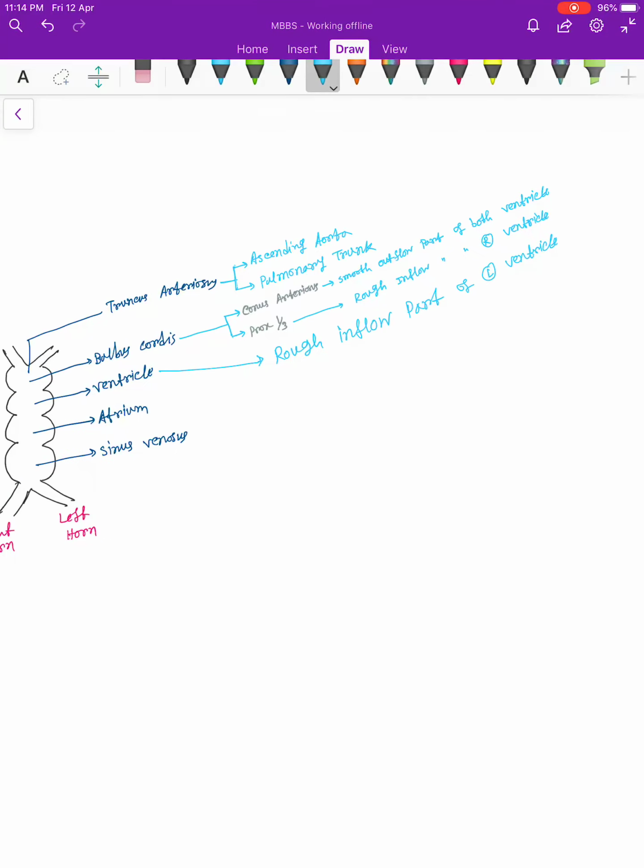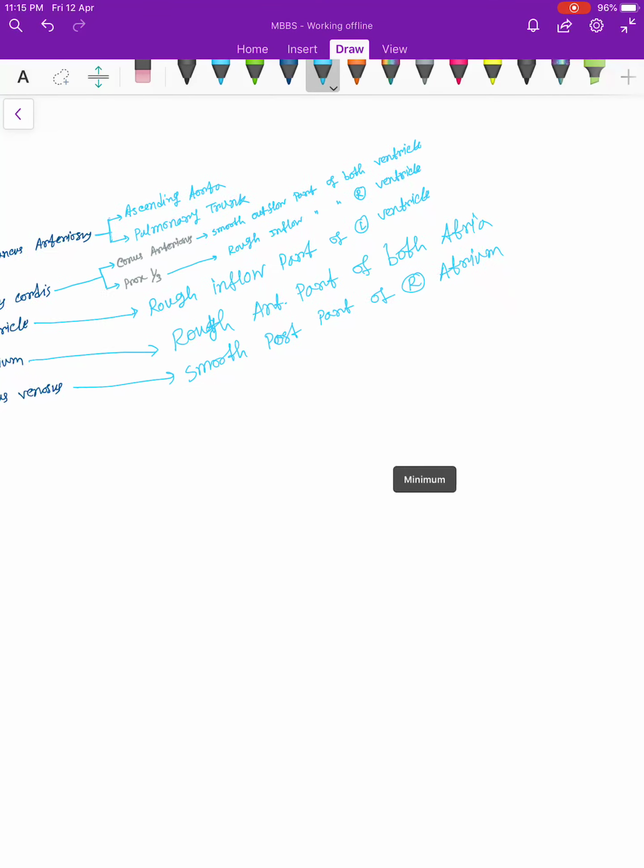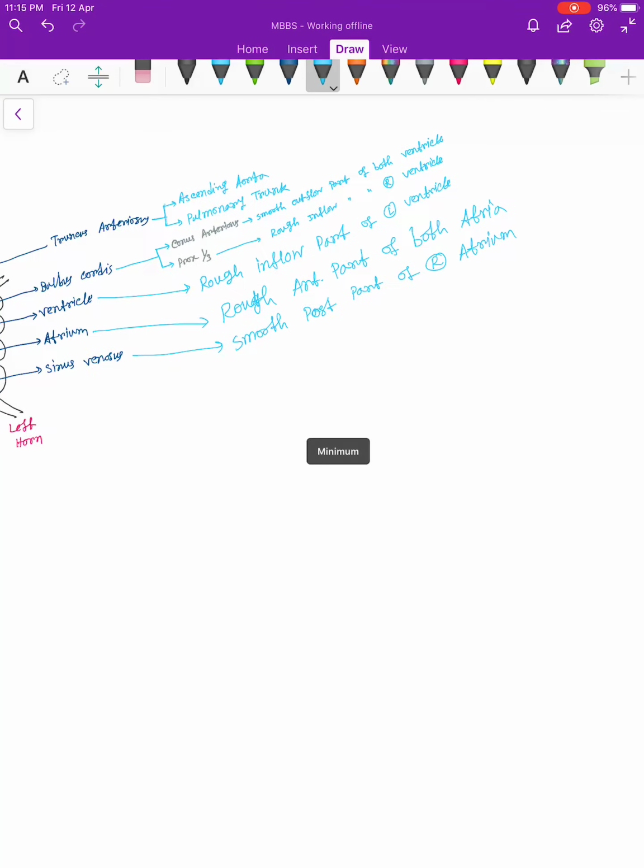Now from atrium, the rough anterior part of both atria will develop, and from sinus venosus, the smooth posterior part of right atrium develops. Now what is remaining? See, the smooth part of the left atrium remains.